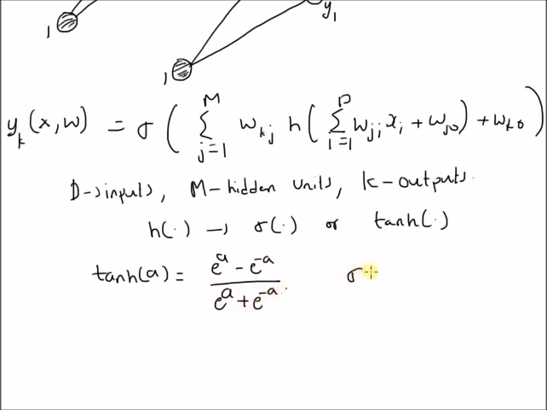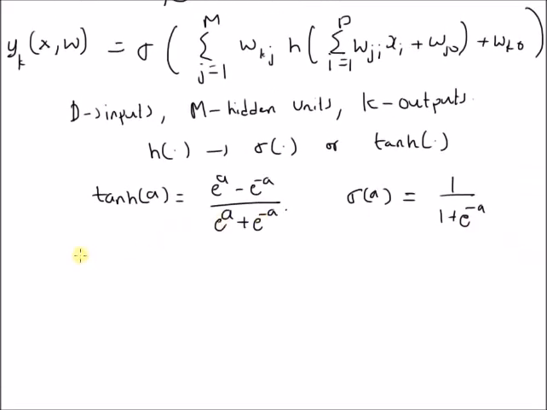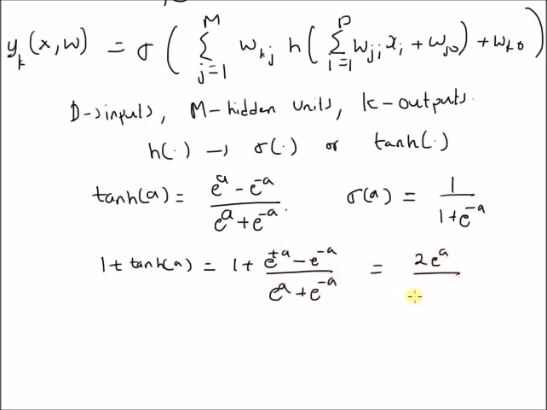And the sigmoid function, sigmoid of A, is given by 1 divided by 1 plus exponential of minus A. You can clearly see that these two functions are related as follows. That is, 1 plus tanh of A is equal to 1 plus (e^A minus e^-A) divided by (e^A plus e^-A), and by simplification this basically becomes 2 times e^A divided by (e^A plus e^-A).